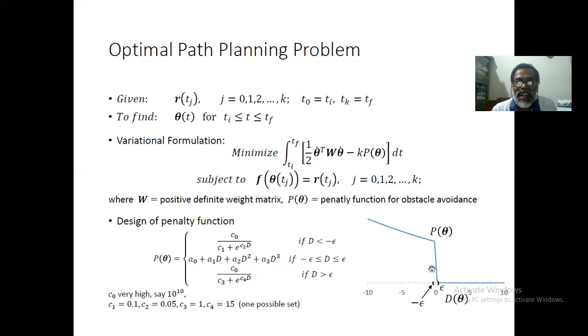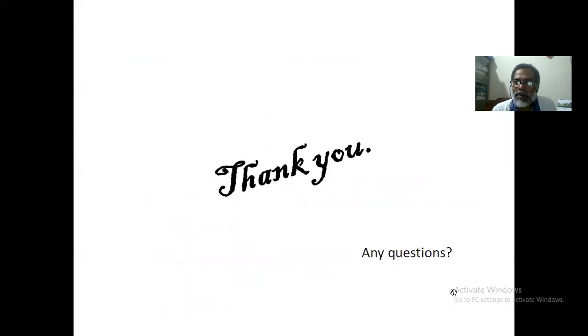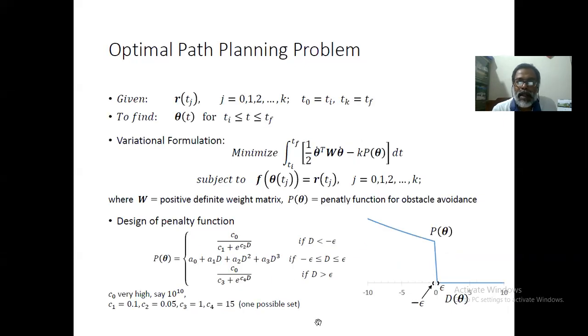So this genuinely negative and genuinely positive parts we break at minus epsilon and plus epsilon, and they are widely different. So what we do is that wherever this segment ends at minus epsilon, and wherever this segment ends at plus epsilon, these two points, these two values and their rates, we match by a cubic from minus epsilon to plus epsilon.